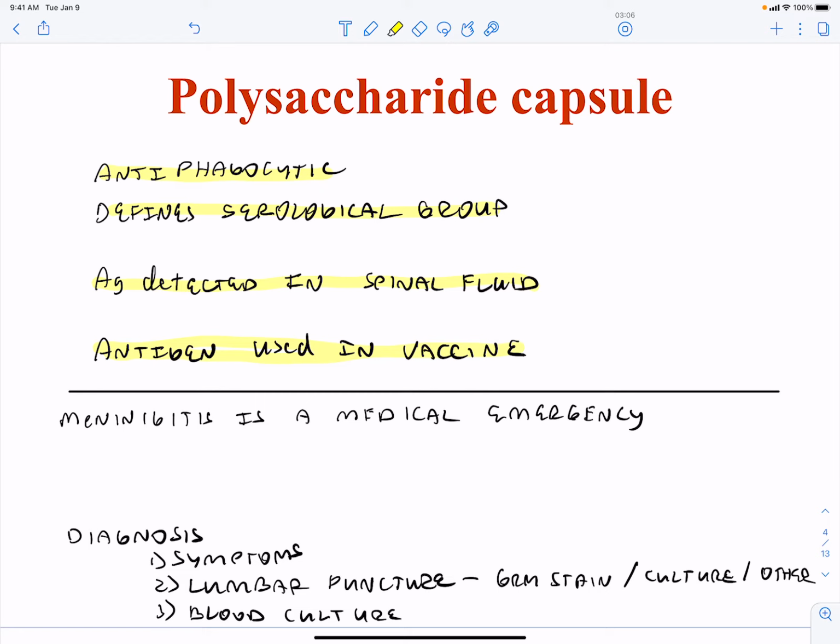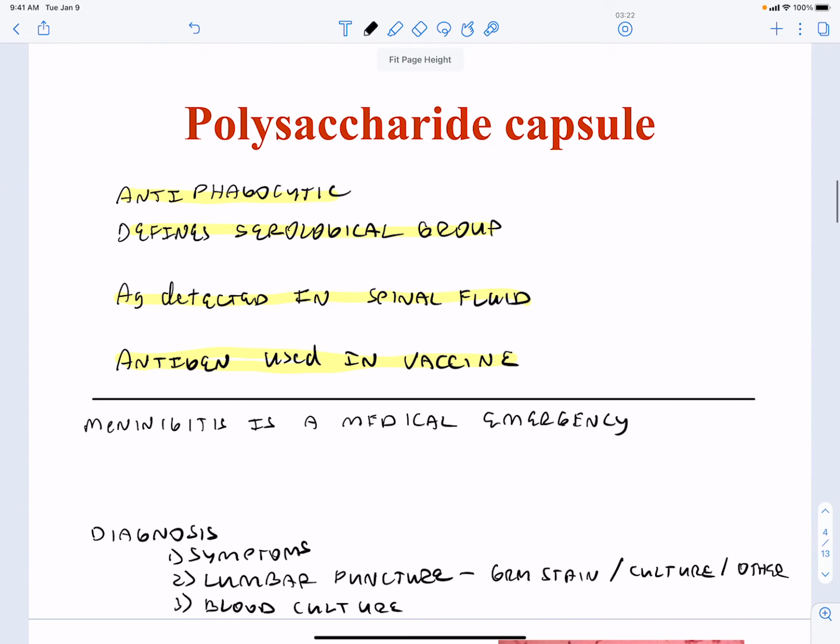Now, meningitis is considered a medical emergency. It requires rapid diagnosis to begin antibiotic treatments. So you must begin antibiotic treatments fast, especially if it is a bacteria, because our immune system will clear a meningitis caused by viruses, but it will not clear meningitis caused by bacteria fast enough to save the individual.